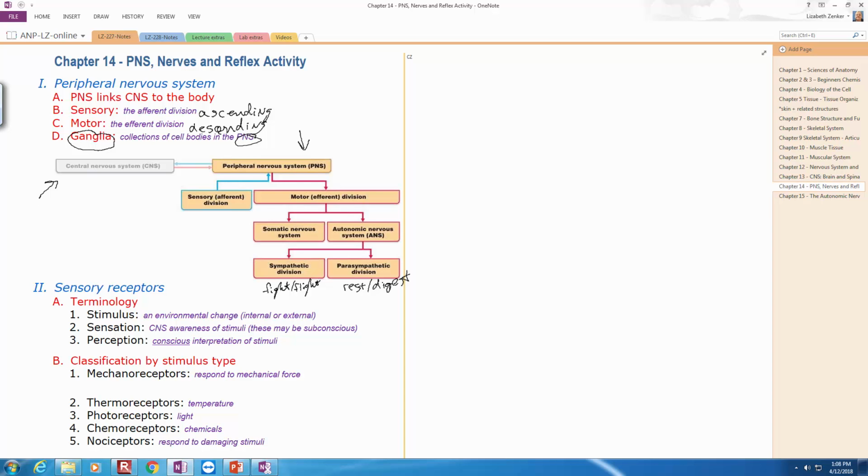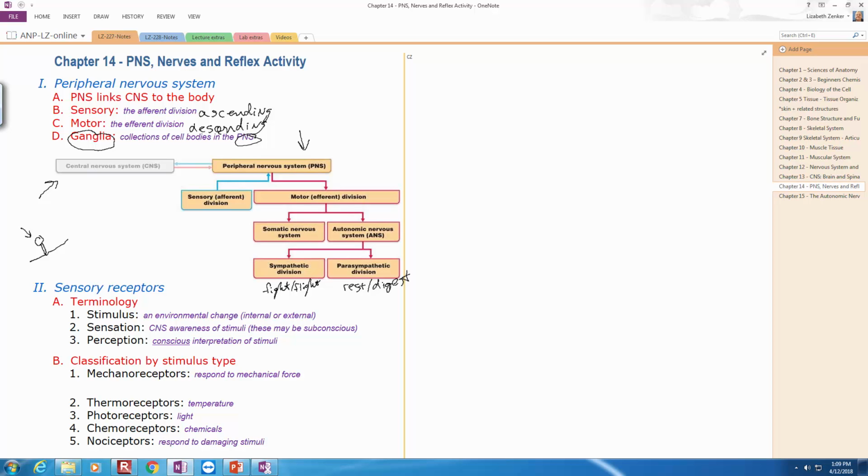So that's the unipolar neuron that looked like this. That's what we're talking about on sensory. And where did we say his cell body lives? Where does that little head live? His cell body lives in the DRG, dorsal root ganglion, okay? So sensory receptors are our most simple receptors.